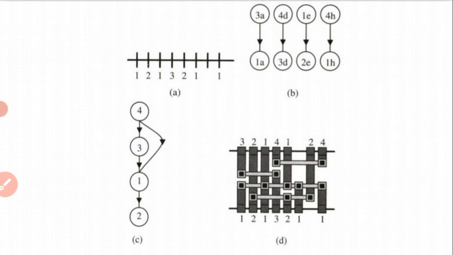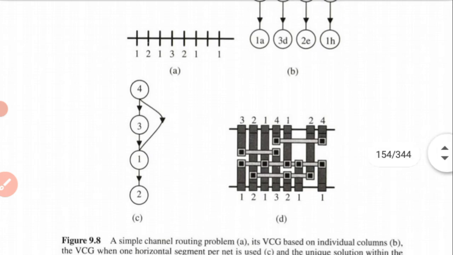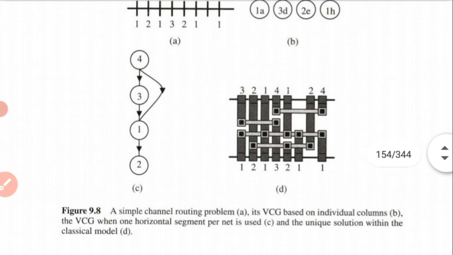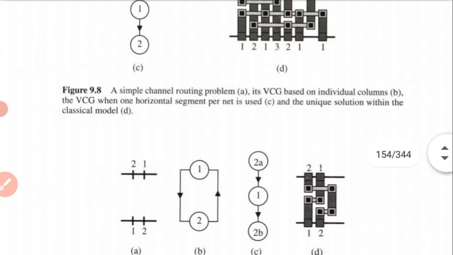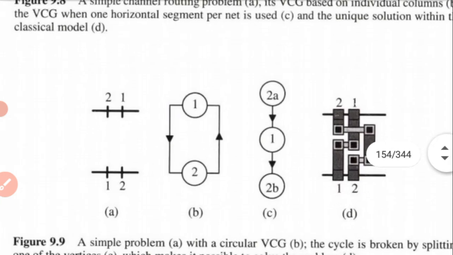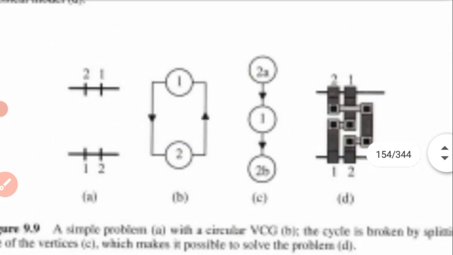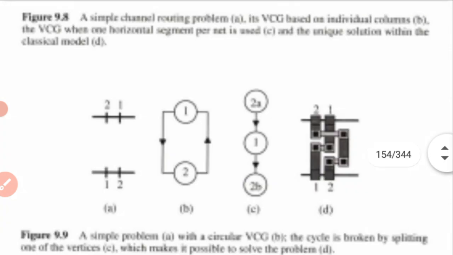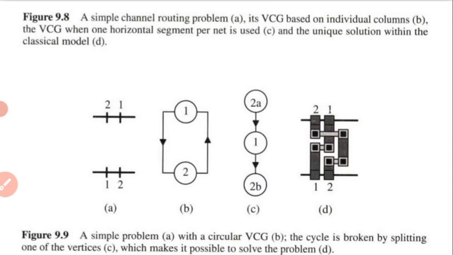The resultant connection solution is denoted in the fourth figure. This is the vertical constraint graph, and this example shows how to draw it.